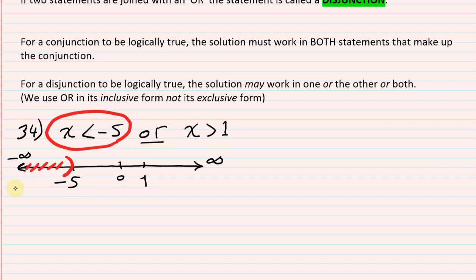Now for x greater than 1, again, because there is no equality there, we use a parenthesis and shade above 1. We just did that part. Because this is a disjunction, the solution could be here or it could be here. It doesn't have to be in a point of intersection, so it could be in either of those. Let's now write the interval notation.